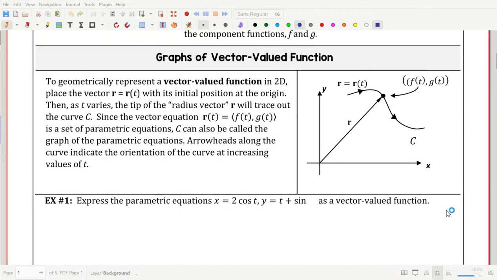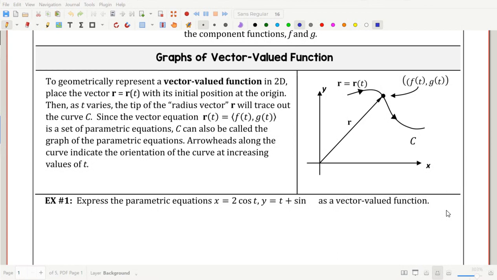Some of the differences between a parametric equation and a vector valued function: if you think about some of the things you know about vectors, we're usually thinking about a magnitude and a direction. So a vector is usually thought of as some sort of line with an arrow on it, where the length of that line is the magnitude of your vector, and the direction that it's going in is the direction part of it.